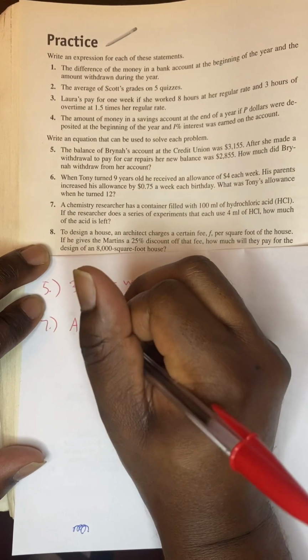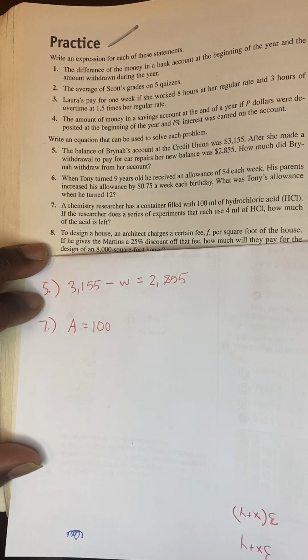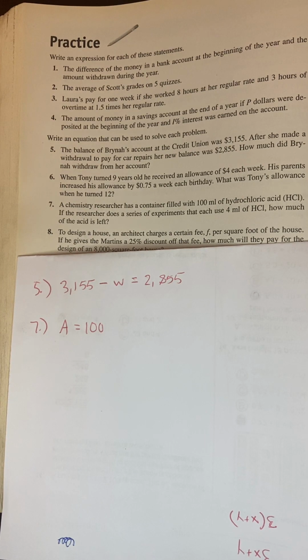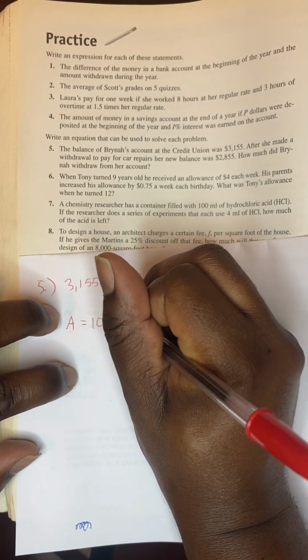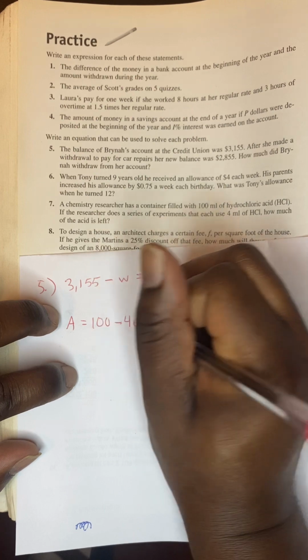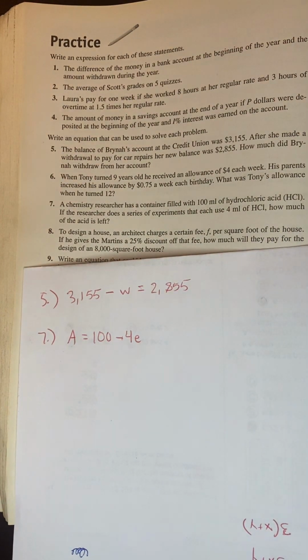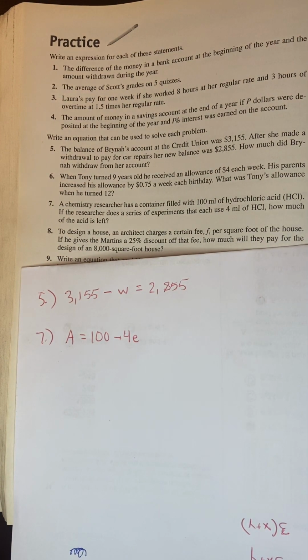So the substance equals 100 milliliters. And then you are going to do a series of experiments that each use 4 milliliters of that particular substance. So it's going to be minus 4, and then we're going to say E, okay? Because you do a whole different experiment. And then how much is left? Well, how much is left is going to be A. Okay, that's the amount that's going to be left over. So it's going to be 100 minus 4E equals A.